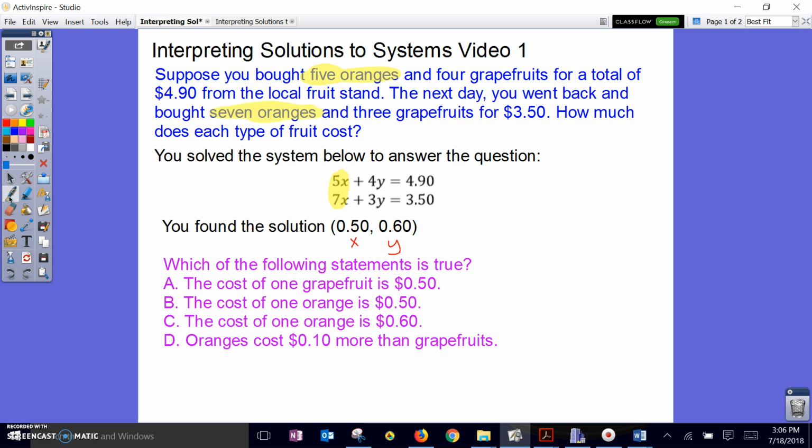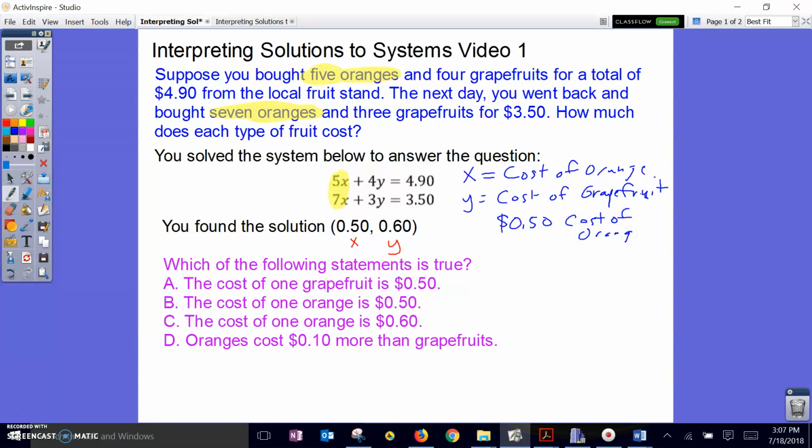And so we can identify that x is the cost of an orange. And correspondingly, y is the cost of grapefruit. And so, based off of knowing that the solution is this ordered pair 0.50, 0.60, we know that 50 cents is the cost of an orange, and 60 cents is the cost of grapefruit.